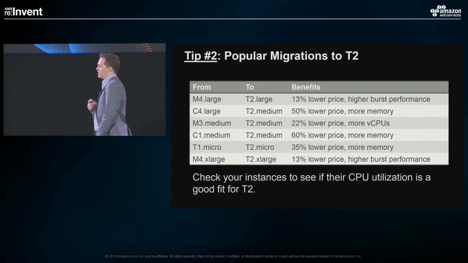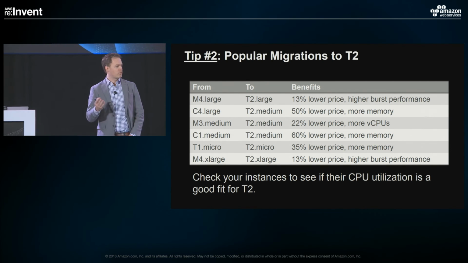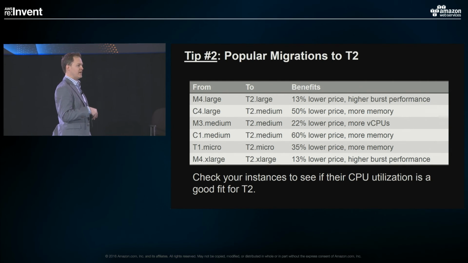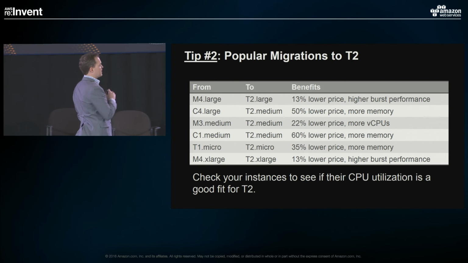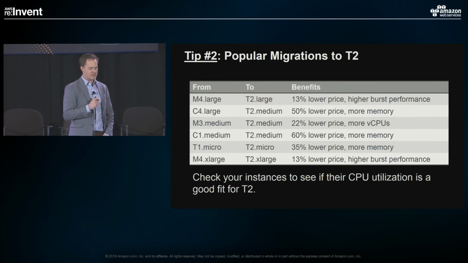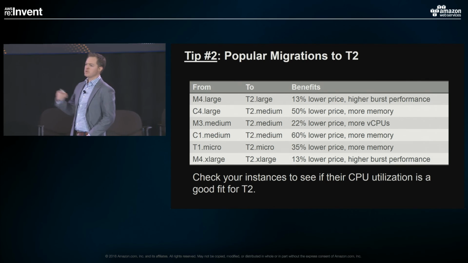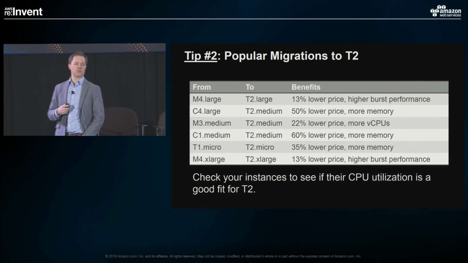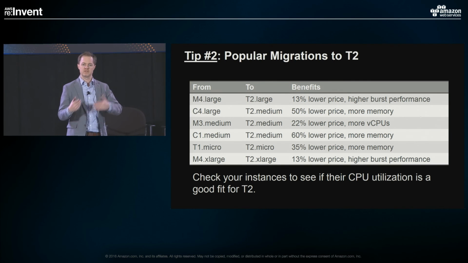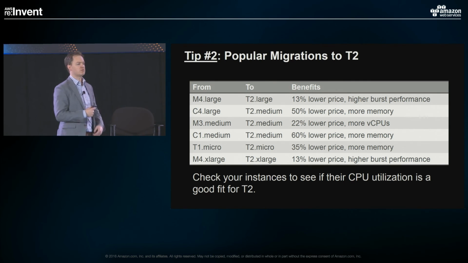It's about 13% right now. In fact, for those who aren't aware, we just dropped prices effective today on both M4s and T2s by 10% and higher in some regions. But because we dropped prices on both of these, that 13% still applies. As well as being cheaper, as we talked about, this instance gets higher burst performance. So you actually get better performance at a lower price as long as you don't use the CPU all the time.